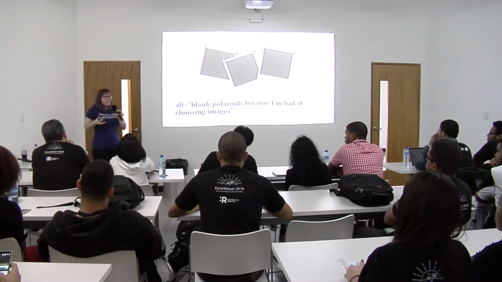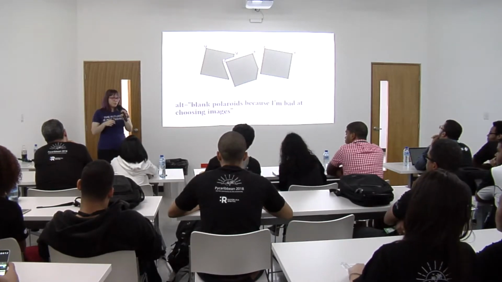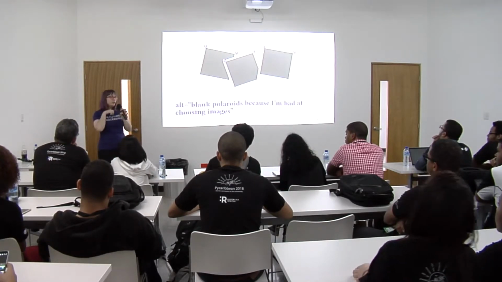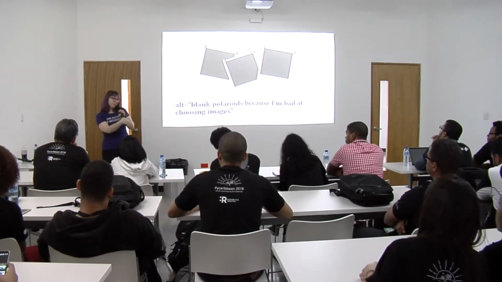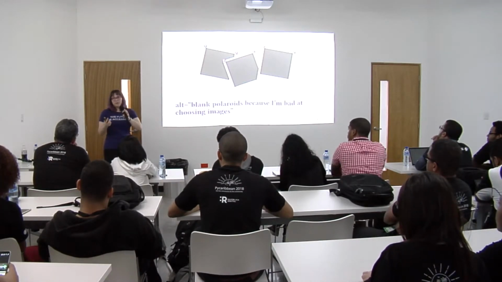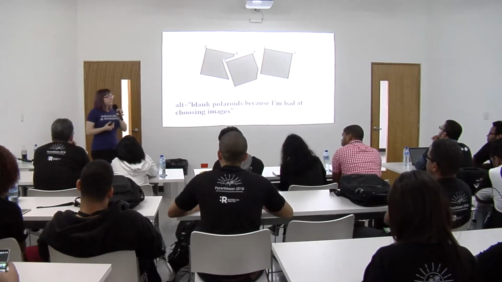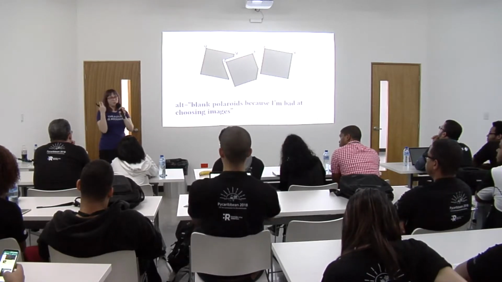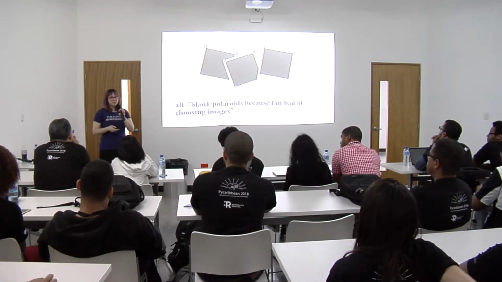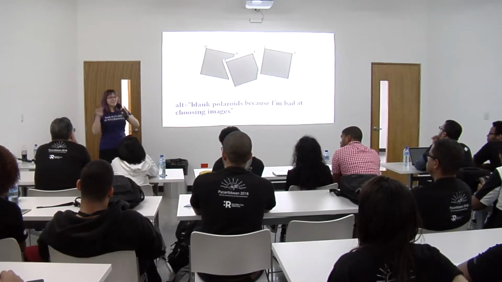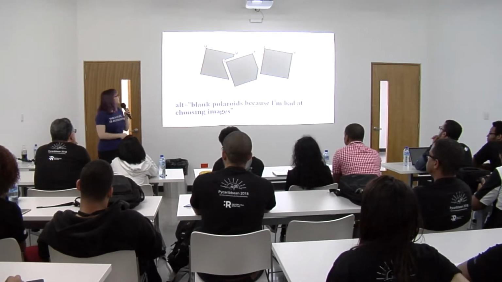But if it's not an important image, if it's just something people are meant to pass over, you can sometimes leave that blank, which I think not a lot of people think about. If you're just putting images on your website that aren't really important, that's something to think about too.